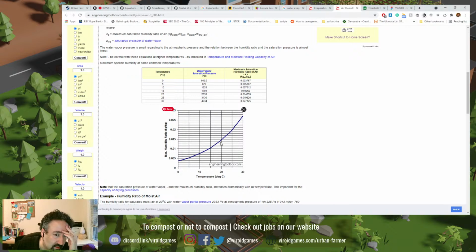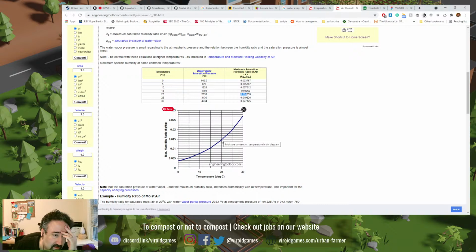The fact that there's some kind of chart like this, there's going to be an equation. I can see that this being 20 and this is like 14 thousandths. This, sorry, 15 over 1000.